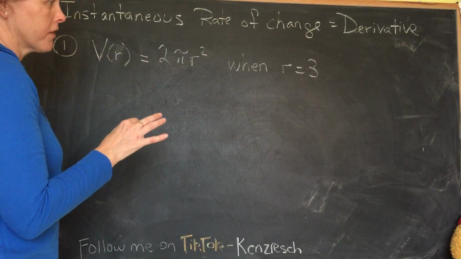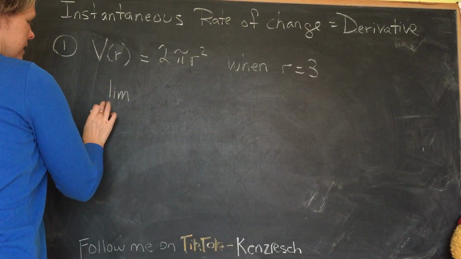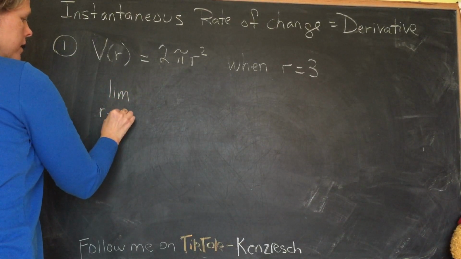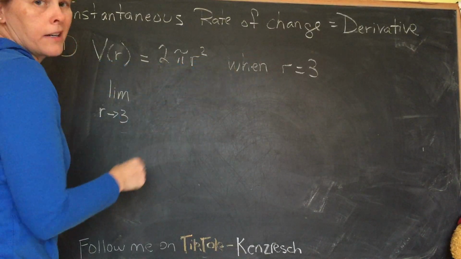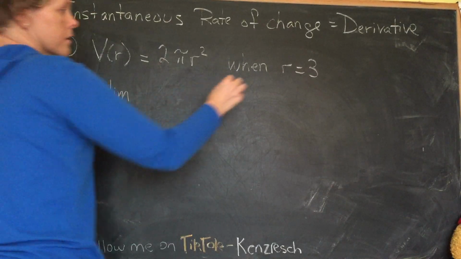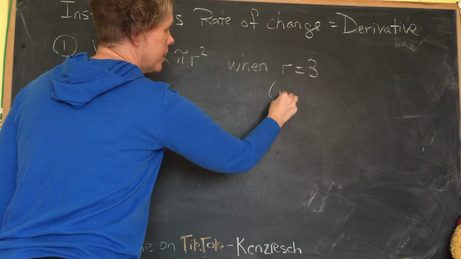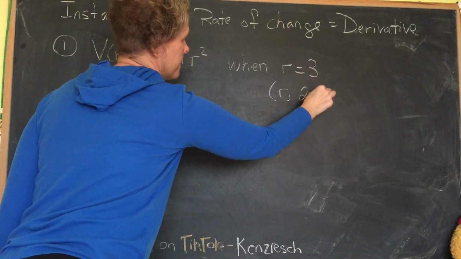Now it's the exact same problem that we did yesterday, that alternative form of the definition of derivative. So I want the limit as, instead of x, we're now going to have r, as r approaches 3. Just like yesterday we had an x there, now we have r there. We still need two points. My first point is just the r; if I plug r in here, it's that same function.